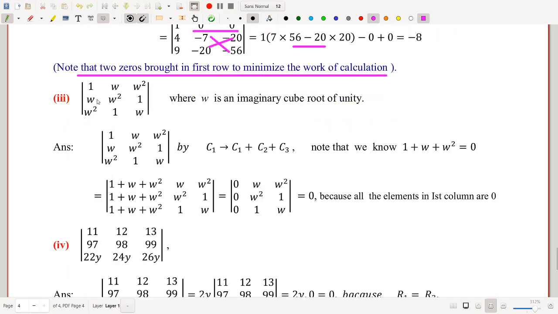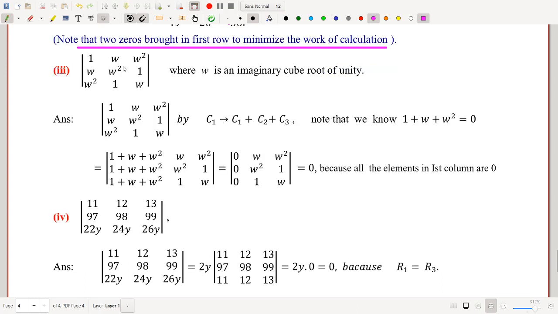Example 3. This determinant we want to find the value of, where omega is an imaginary cube root of unity. We have studied this in class 11. Omega cube equal to 1 and 1 plus omega plus omega square equals 0. This is the property of omega.